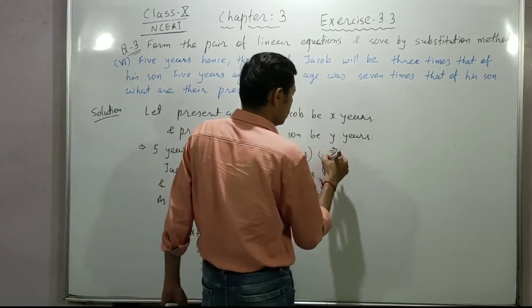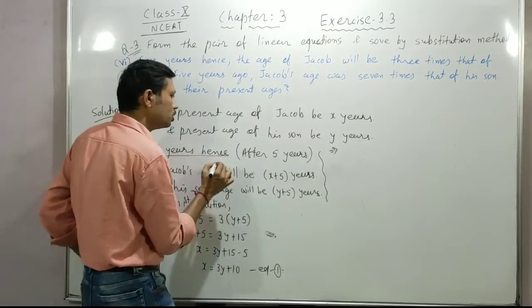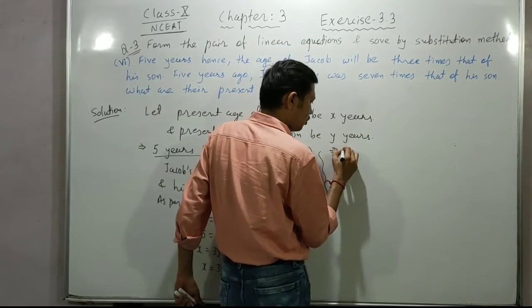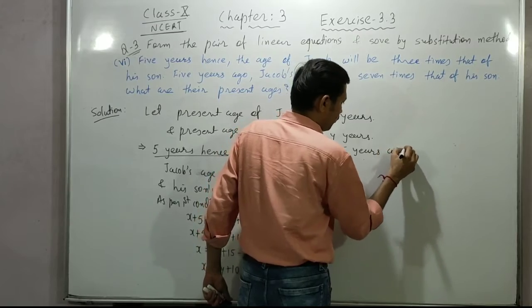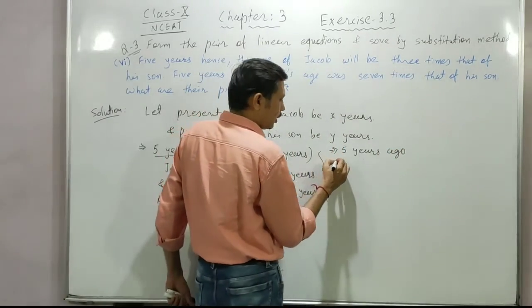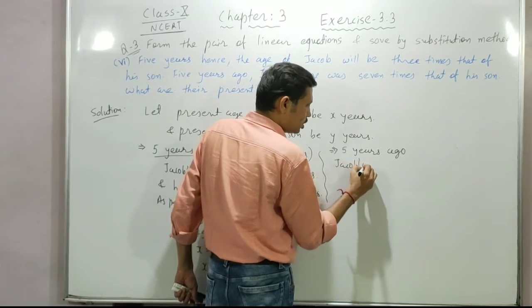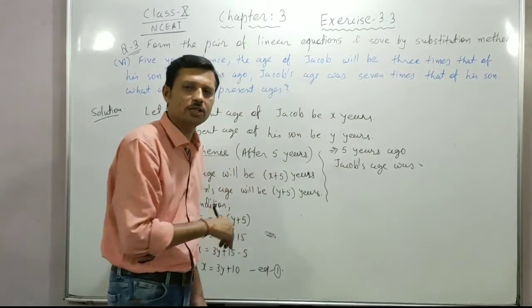Now, second situation. What is the second situation? 5 years hence, that's the first situation. Second situation, 5 years ago. Okay, now Jacob's age 5 years ago, it's a past.